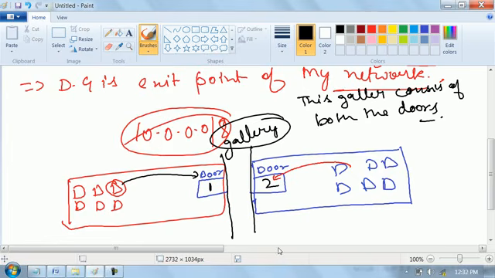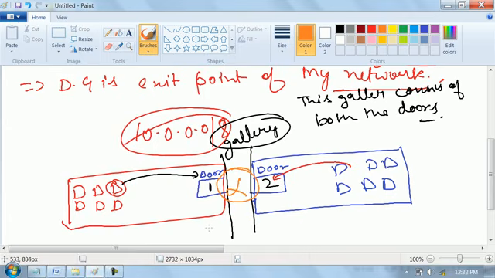Now, think of it like this. This is a router.